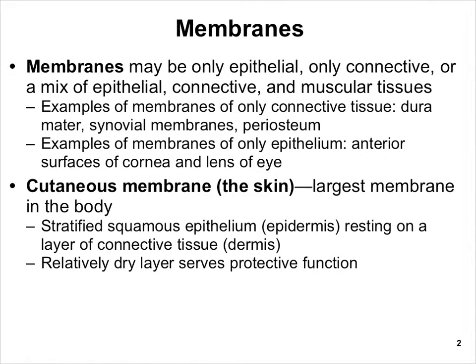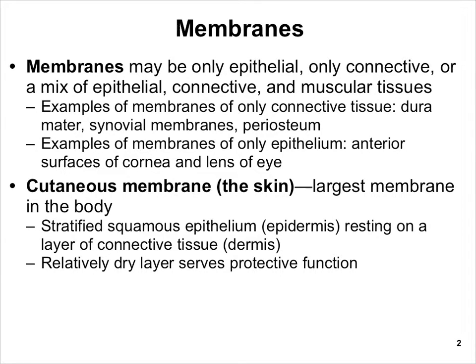So basically a membrane from a tissue perspective, a tissue membrane, is a layer of cells. And there are epithelial-only membranes, there are connective-only membranes, and there are mixed membranes.